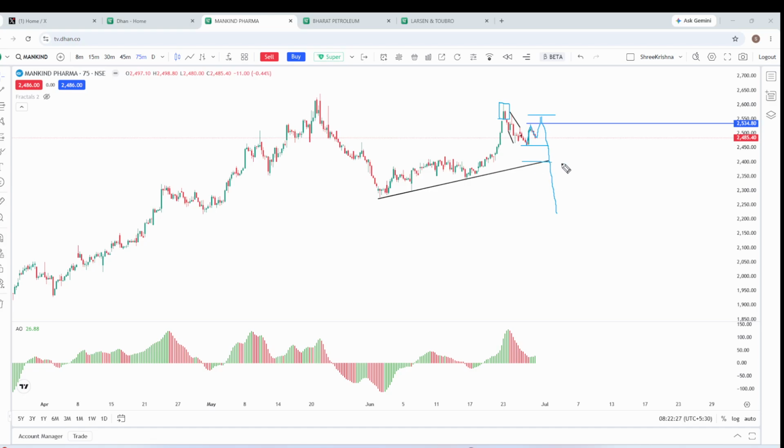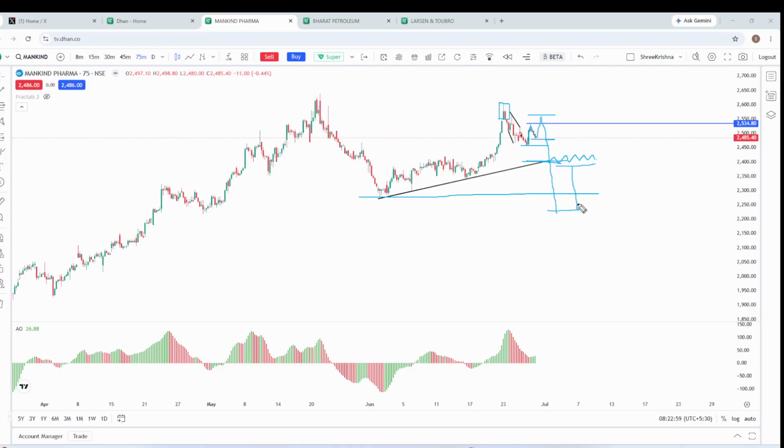When it comes to this level, we will put the stop over here, somewhere here. Our stop will be 10 points or 20 points. We will see whether it consolidates over here. We will leave it as it is. Then once the consolidation breaks, it will come to this level. Once it comes to this level, we will start looking for covering our short sell.